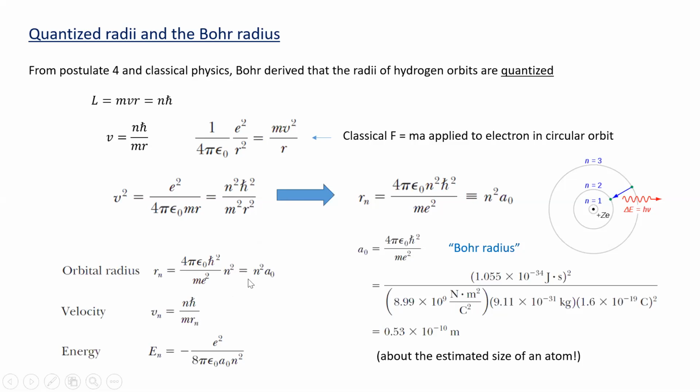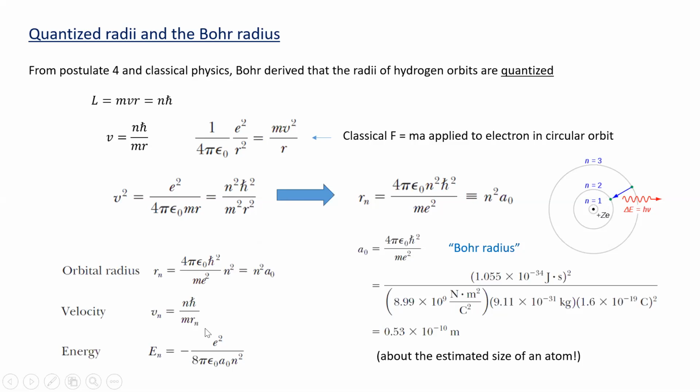So actually, if you plug in n squared a naught in the denominator, the velocity would go as 1 over n, so it would get smaller as we go further out, which kind of makes sense. It's like Mercury, being the closest to the sun, goes the fastest, and then the other planets go slower and slower.